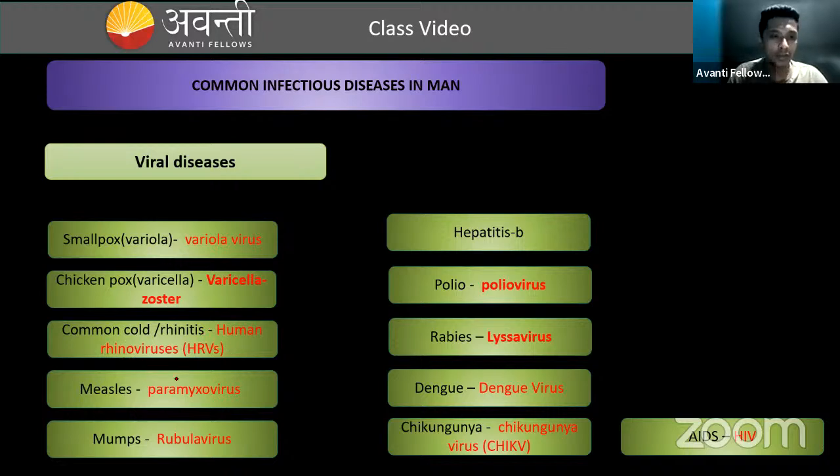Measles is caused by paramyxoviruses, and mumps by rubella viruses. Hepatitis B is caused by hepatitis viruses, polio by poliovirus, rabies by lyssavirus, dengue by dengue virus, chikungunya by chikungunya virus, and AIDS by HIV. So these are the viruses and their respective diseases.